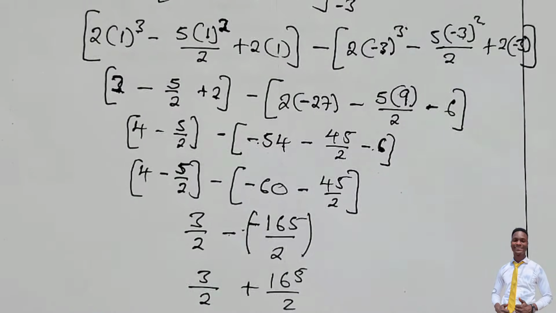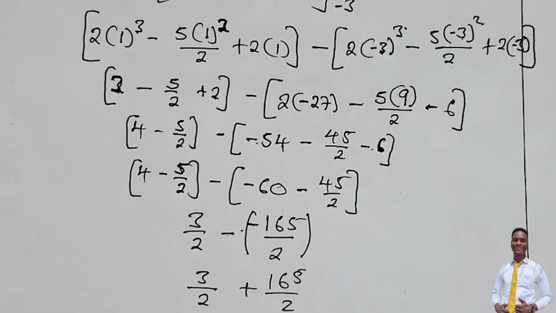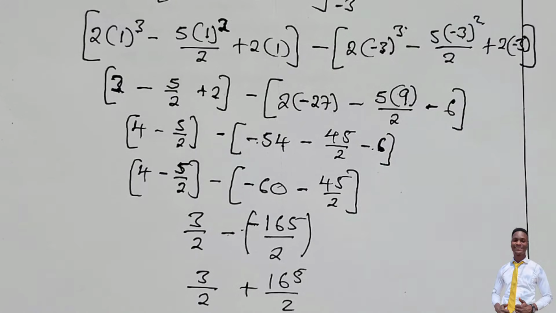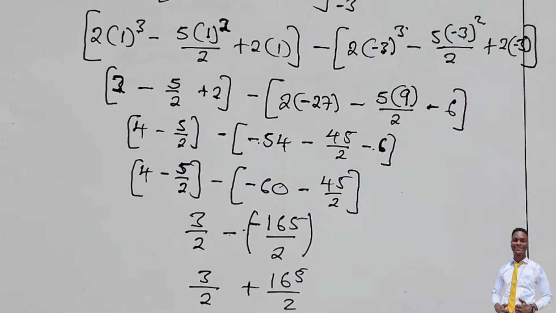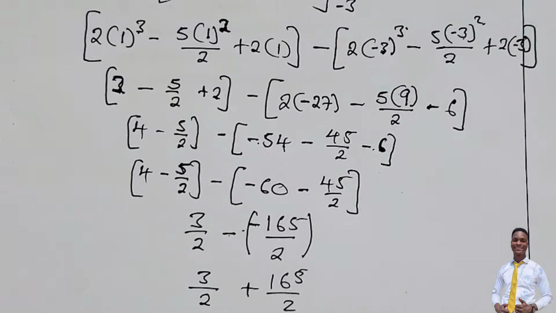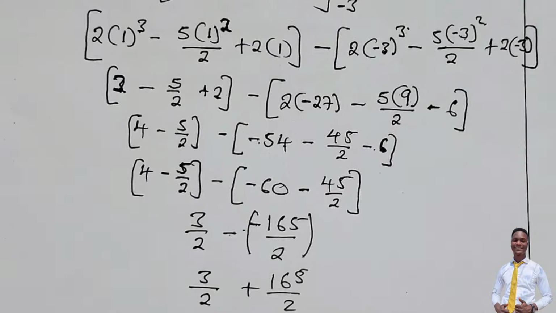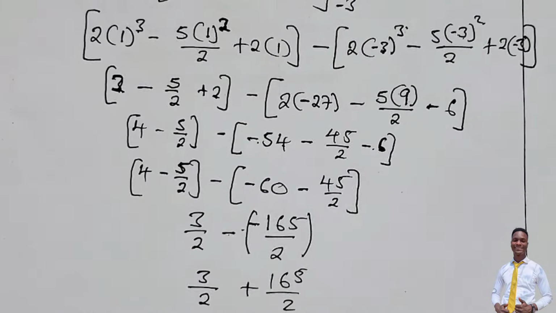Common denominator 2. All right, we have the common denominator, so we can just deal with the numerators. There's a plus, so it will be just 3 plus 165. Okay, 165 plus 3 is just 168.